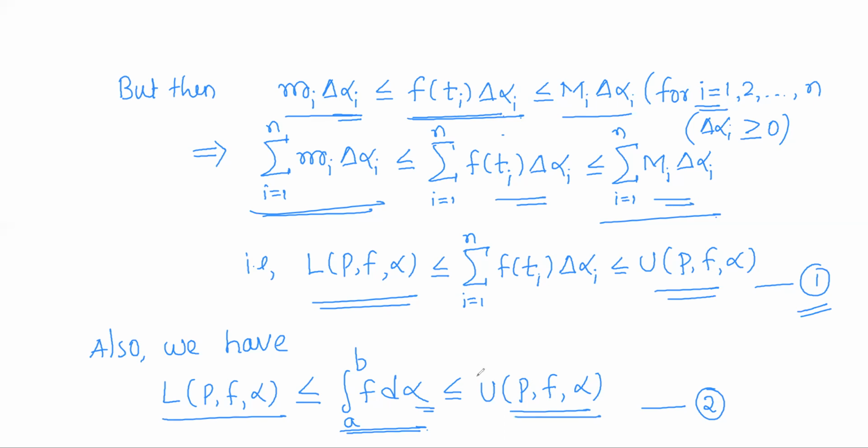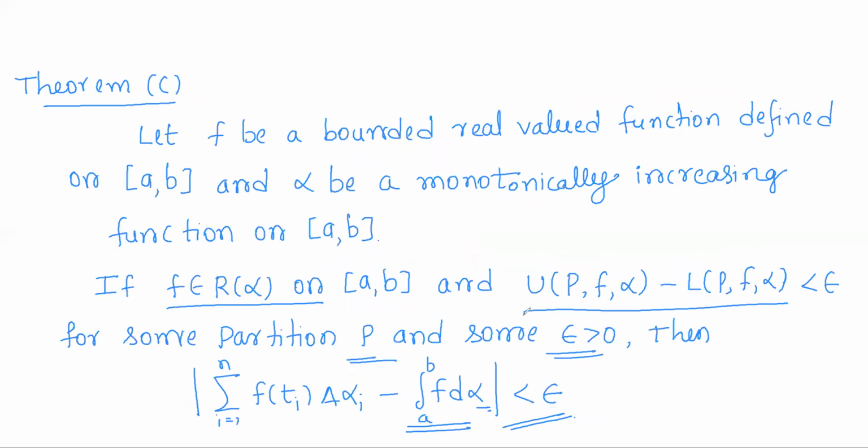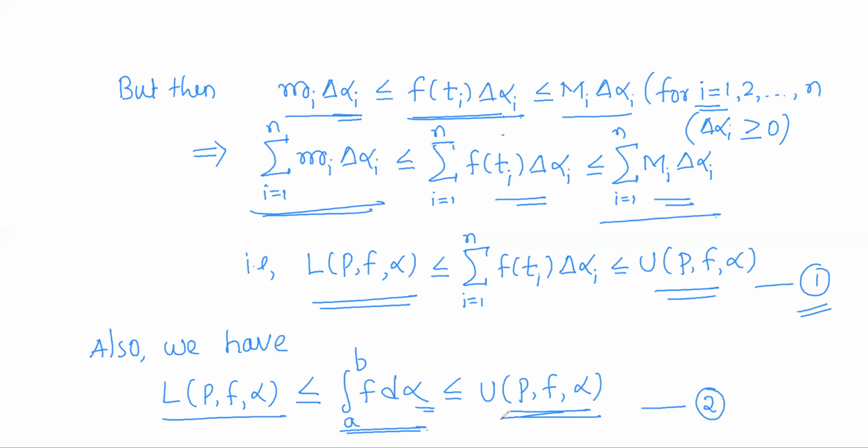So for any partition P, the Riemann-Stieltjes integral value always lies in between the lower sum and the upper sum. So in particular, the partition which we have considered here. In the given hypothesis, this is true for some partition. As this condition is true for all the partitions, in particular, this will be true for the given partition also. So call this equation 2.